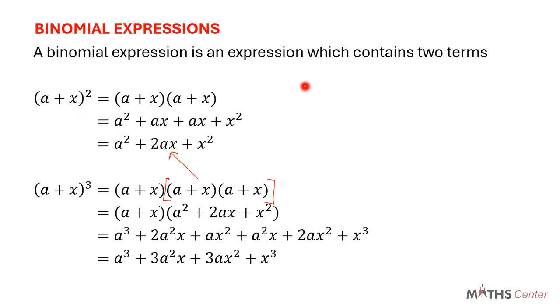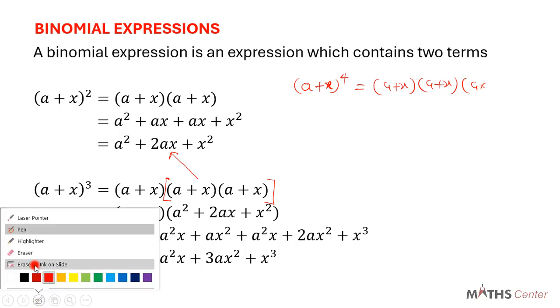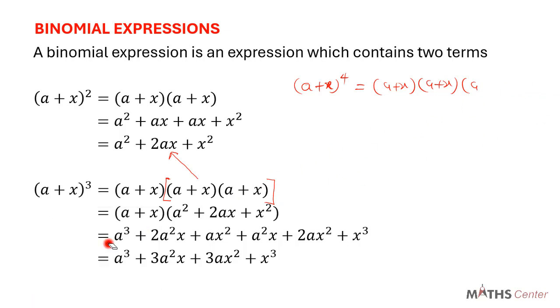So for example, in case we want to expand (a + x) exponent 4, using this method, it will mean that we have to write (a + x) times (a + x) times (a + x) times (a + x).